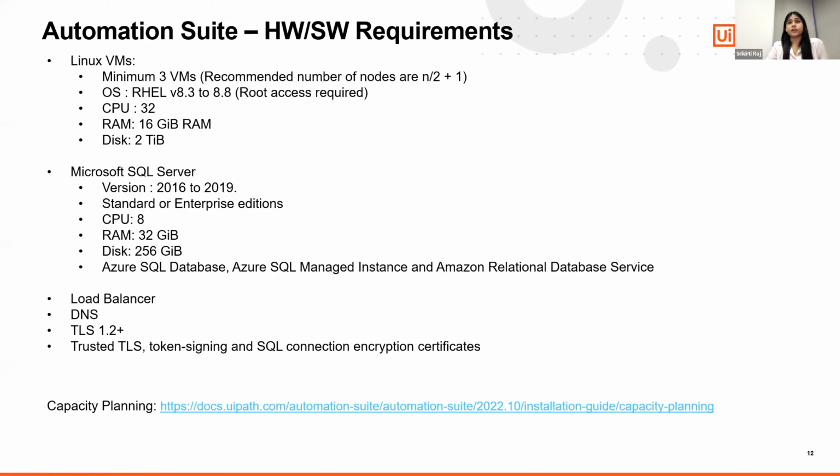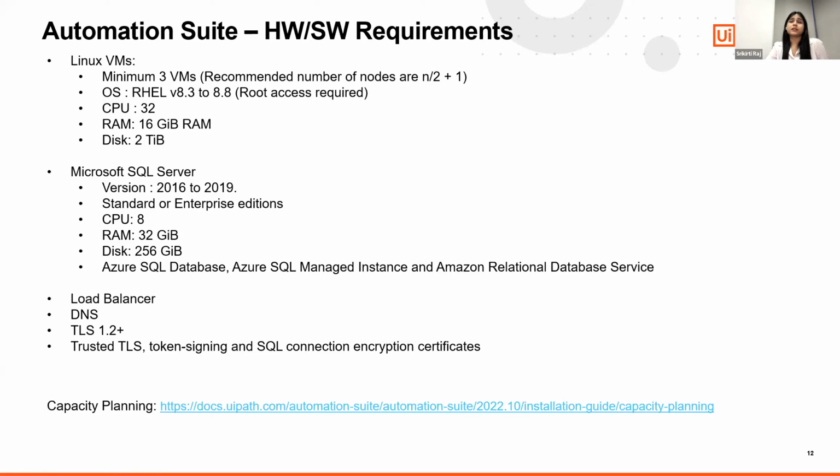Once your environment is ready and your minimum configuration is ready, the installation becomes easy. Otherwise, it's a messy thing, and we have to come back to read through all the configurations and redo the steps altogether. So we'll be focusing more on the hardware and software requirements here.